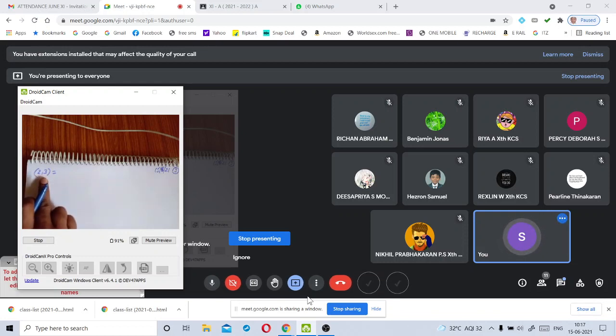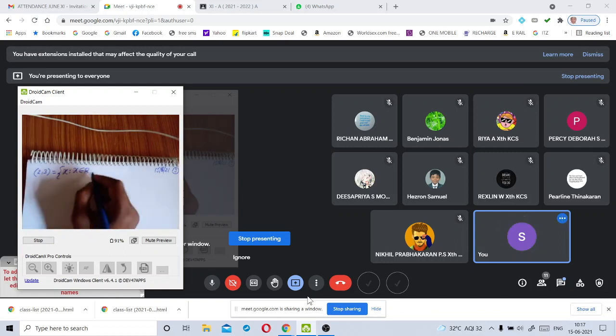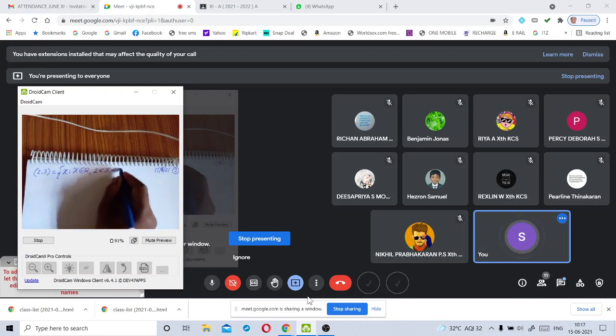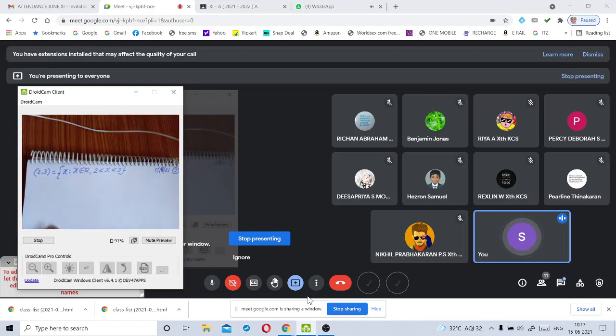This is a number system, not coordinate geometry. So it is considered as open interval 2 comma 3, not ordered pair 2 comma 3. Set of all x such that x belongs to R, the set of all real numbers lying between 2 and 3, 2 less than x less than 3.